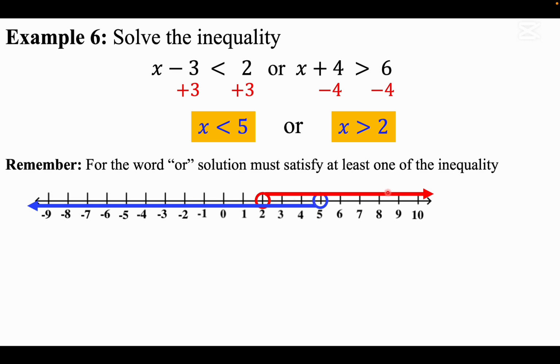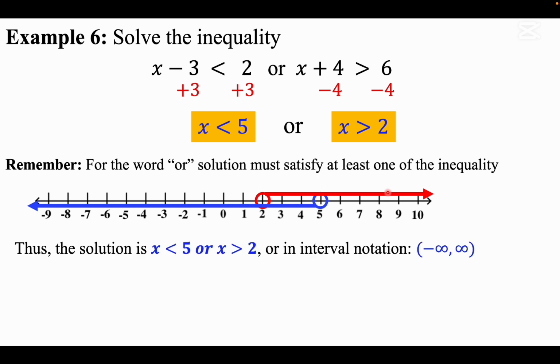So in this case, the solution would be every x value. It doesn't matter what x value you pick, it should satisfy this or this, at least one of those. So since everything is shaded in this case, it would be from negative infinity all the way to infinity. Another word for that is all real numbers should satisfy this condition right here.